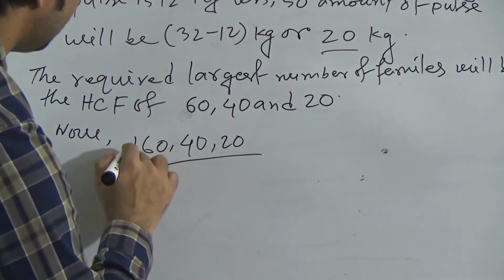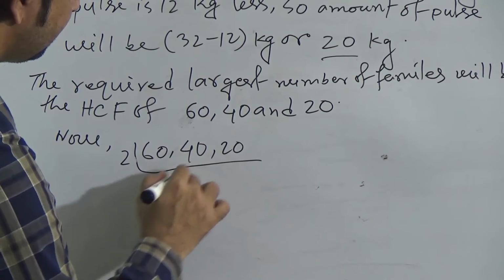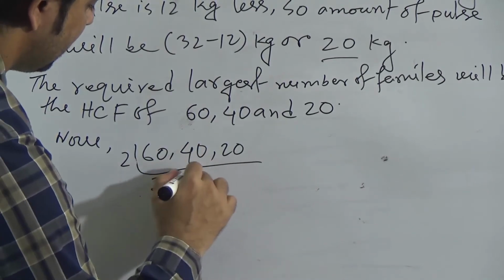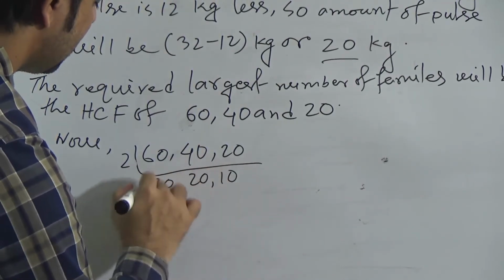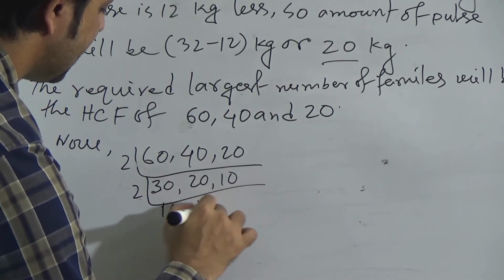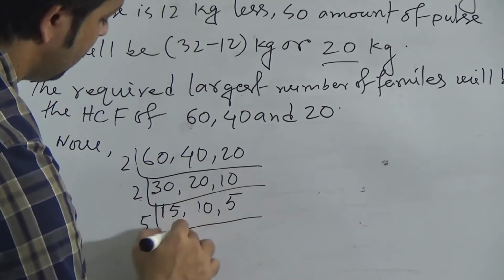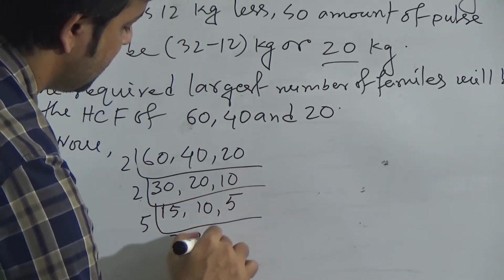Now we have to do the HCF. We can divide all these numbers by 2, so we write 30, 20, 10. Now again by 2, we get 15, 10, 5. Now we can divide by 5, so we get 3, 2 and 1.